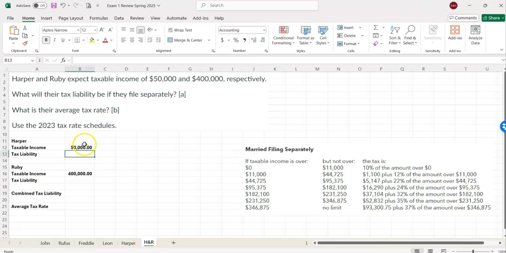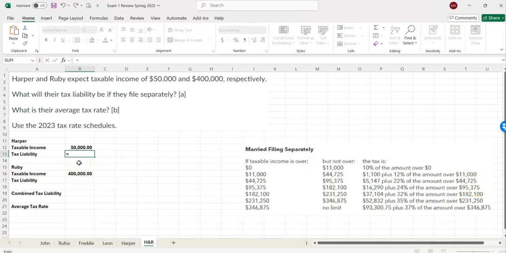So Harper's $50,000, so he is between $44,725 and $95,375. So his tax liability is going to be $5,147 plus 22% of the amount over $44,725.